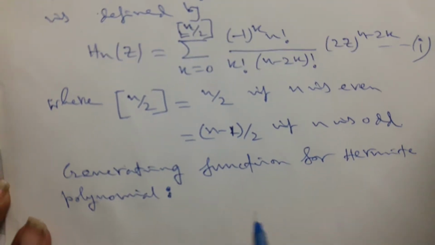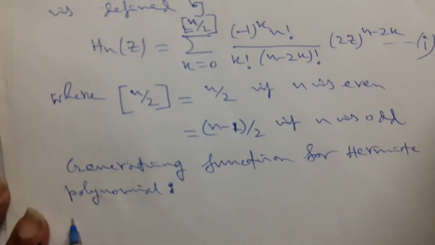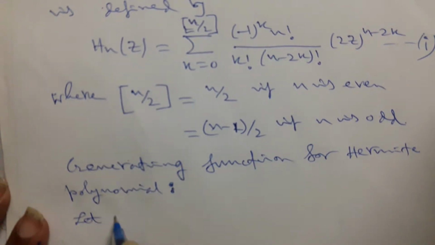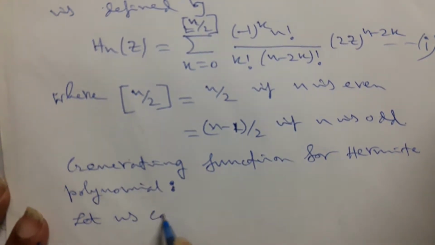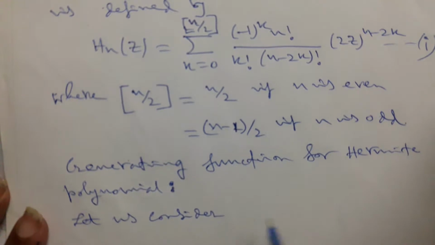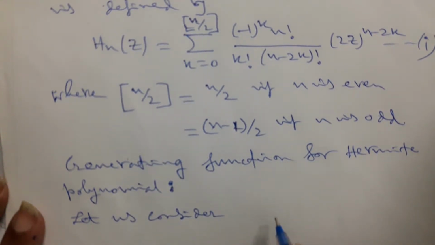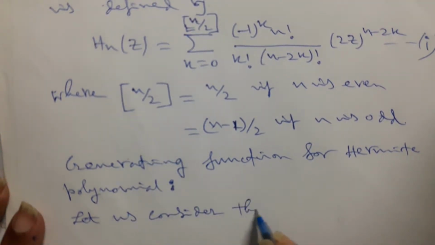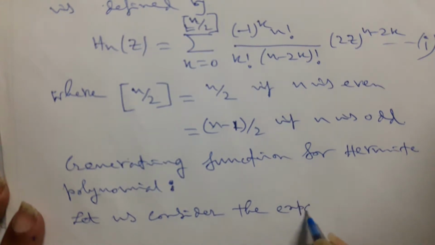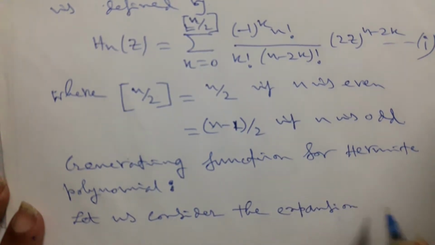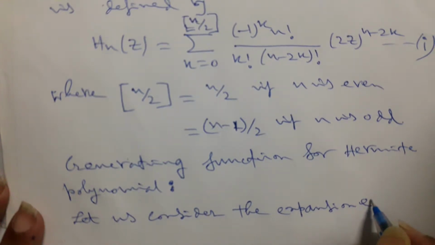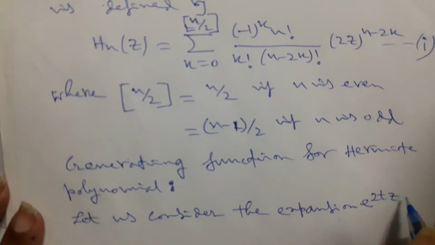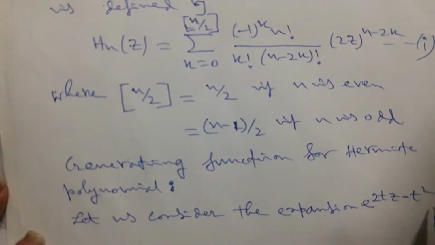That means let us consider the expansion, exponential of, that is e to the power 2tz minus t square.